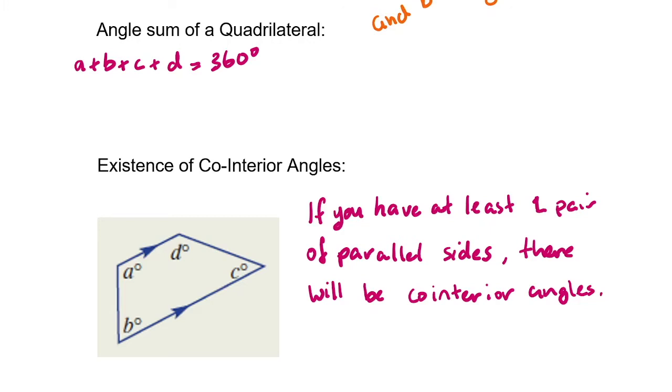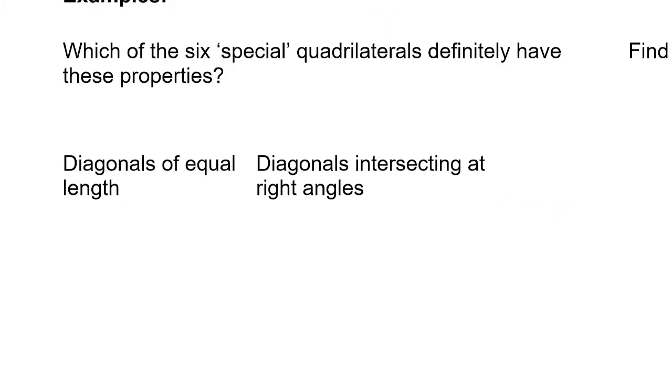Let's get stuck into a couple of examples before you get stuck into your questions. Which of the 6 special quadrilaterals definitely have these properties? Diagonals of equal length. Now, we didn't speak about it before, but actually the rectangle is very similar to the square in that the diagonals are now equal.